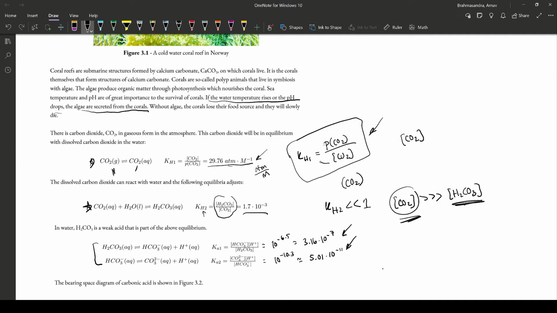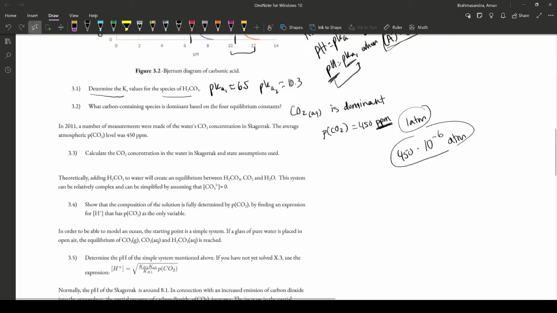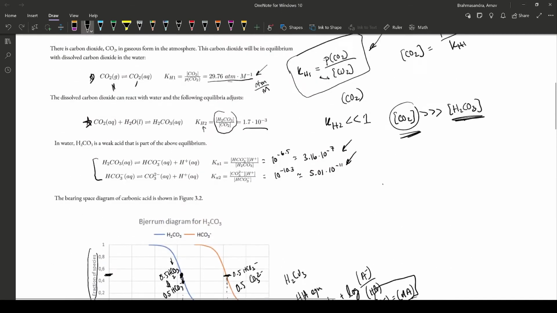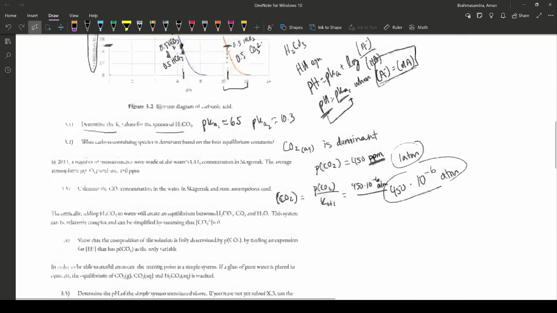If I switch these two, the concentration of CO2 is equal to the P of CO2 divided by KH1. So let's write that here. The concentration of CO2 is equal to the pressure of CO2 divided by KH1, which is equal to 450 times 10 to the negative 6 atmospheres, divided by KH1, which is given as 29.76.